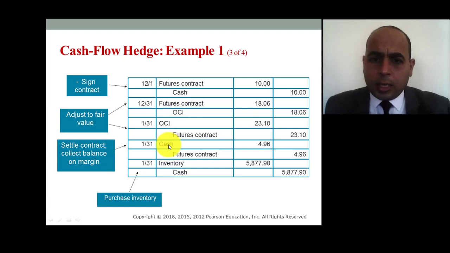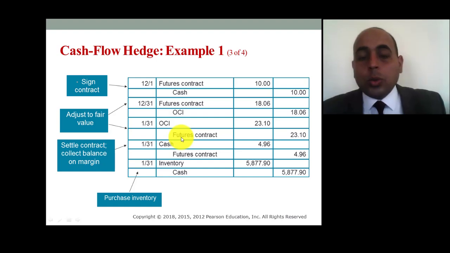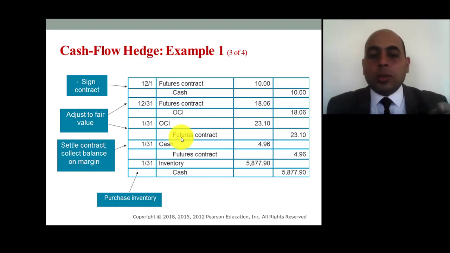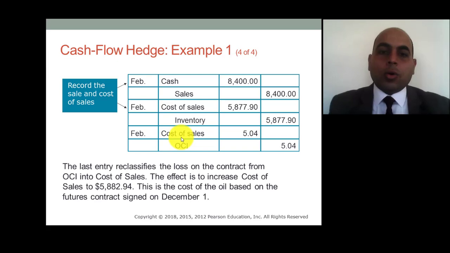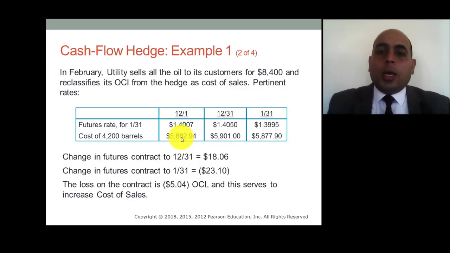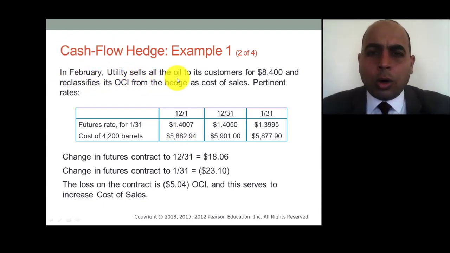On the other hand, we have a loss. We have to adjust it when we sell the inventory, as the inventory is associated with the forward contract. Here, as he mentioned, in February 20, the company sells all the oil to its customer for 8,400.